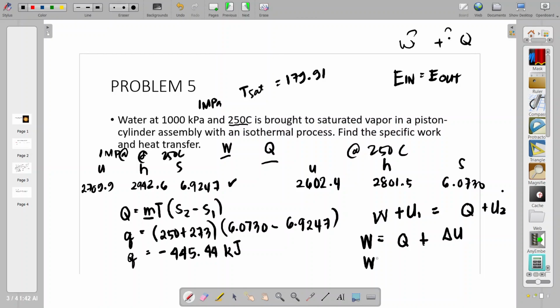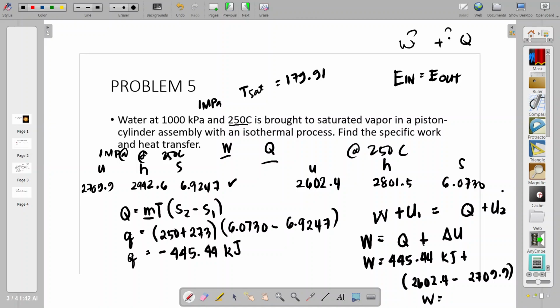So, work is equal to 445.44 kilojoule plus our U2, which is equivalent to 2602.4, minus our U1, which is 2709.9. Okay?